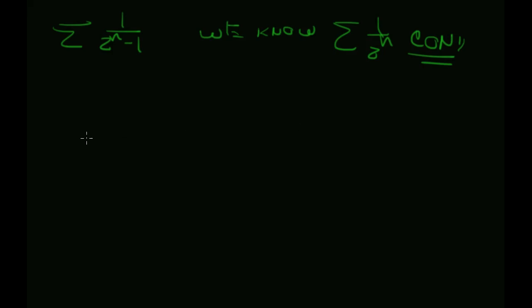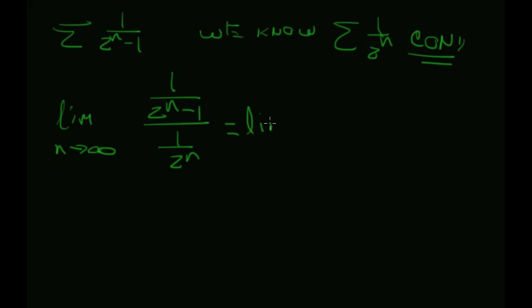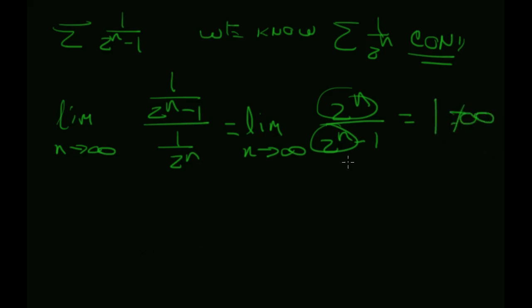Okay, so what we do is we build our limit. We take the limit as n approaches infinity of 1 over 2 to the n minus 1, over 1 over 2 to the n. This becomes the limit as n approaches infinity of 2 to the n over 2 to the n minus 1. And these are the two fastest terms. They're equal, so this thing is going to 1. 1 does not equal infinity.